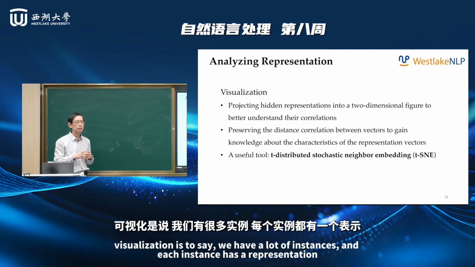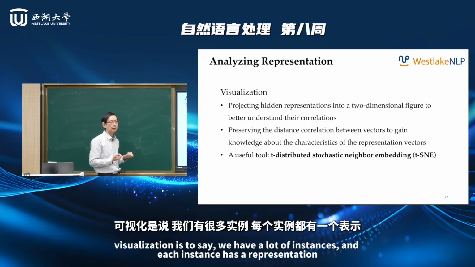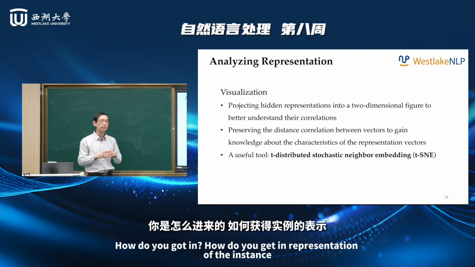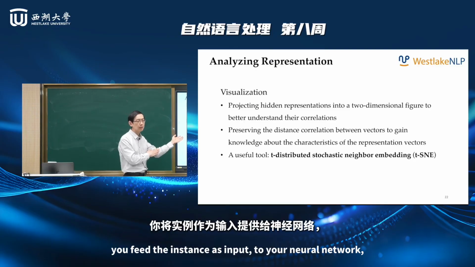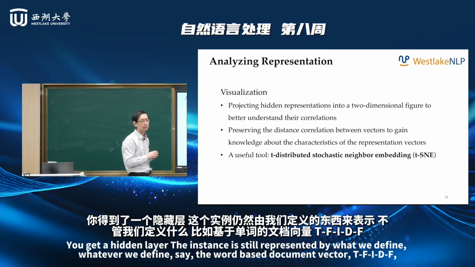So visualization is to say, we have a lot of instances, and each instance has a representation. How do you get the representation of the instance? You feed the instance as input to your neural network, and you get a hidden layer.